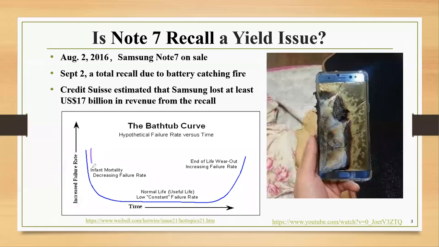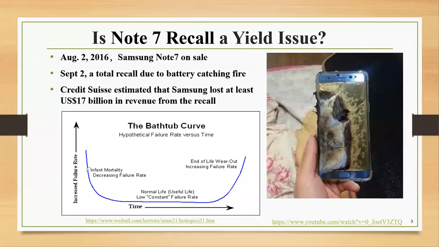Initially it will be high, and then you drop down, and then you go flat, a very flat plateau. It's a normal useful life, low constant failure rate, and then you wear out, and you eventually fail. So this kind of bathtub curve is very common in reliability analysis. It's not exactly a yield issue; it's a reliability issue of a specific product.